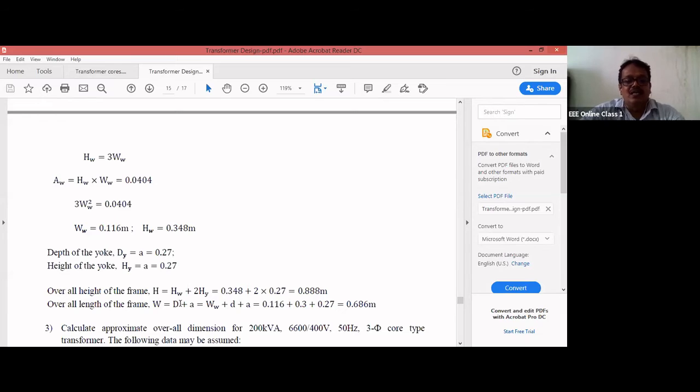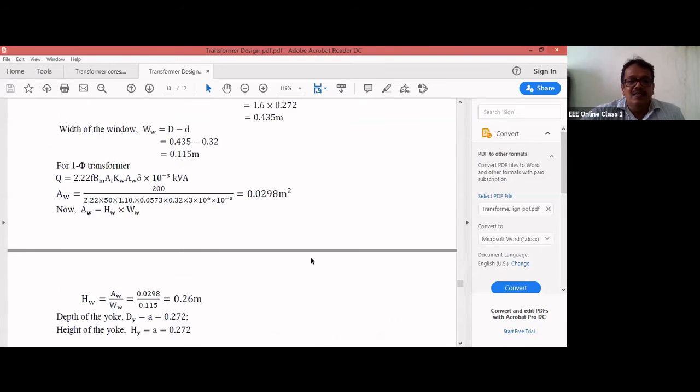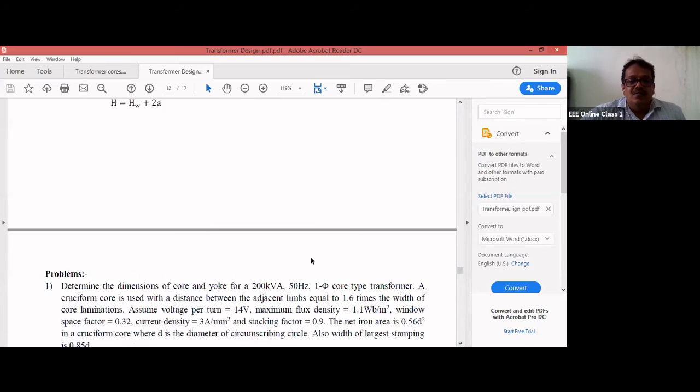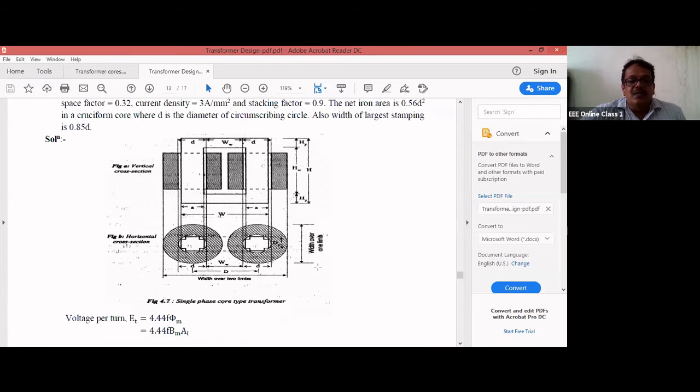Here I don't know D, because the distance between the adjacent limbs is not given in this problem. So use another way of finding D. If you come back to the figure, D is here. Since D is not given, what is the other way of finding D?